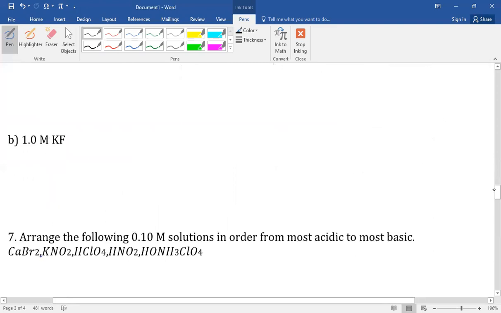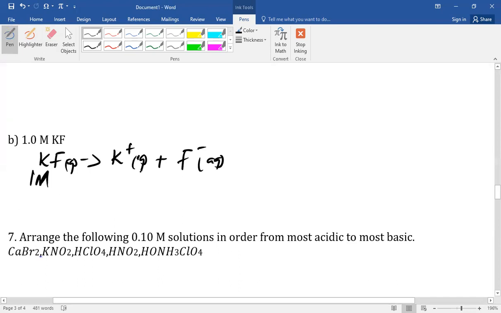Okay, so the same applies to this KF. You just have to know how it's going to dissociate. Fluorine is in group 7, so we dissociate this as K positive, potassium aqueous, and F negative aqueous.